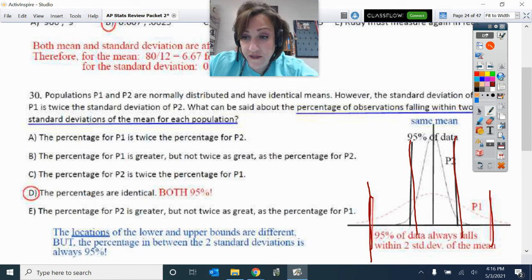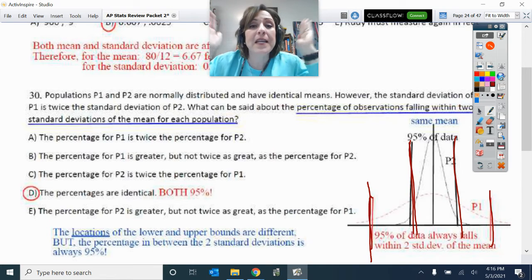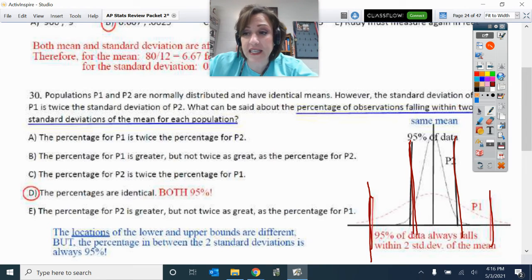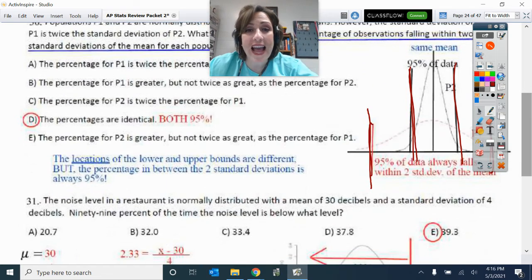And 2 standard deviations wide is going to be 95% of the data, regardless of how contextually wide it is.